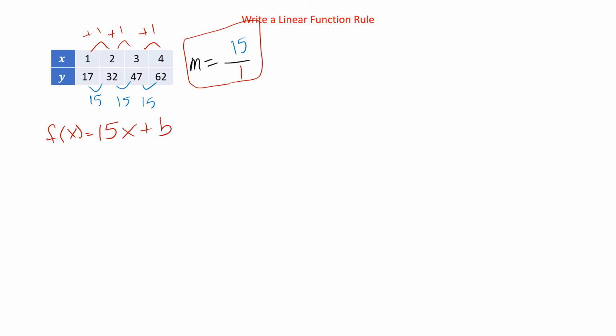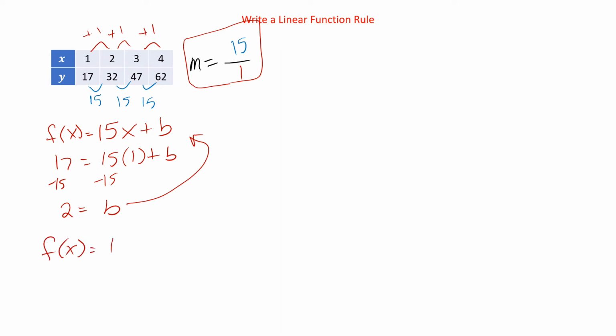Let's choose 1 and 17. So the y value is 17 equals 15 times 1 plus b. 15 times 1 is just 15. So let's subtract the 15. Subtract the 15, so we get 2 equals b. Plug that back in. f of x equals 15x plus 2.